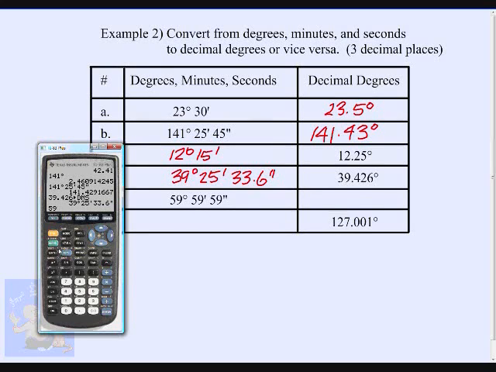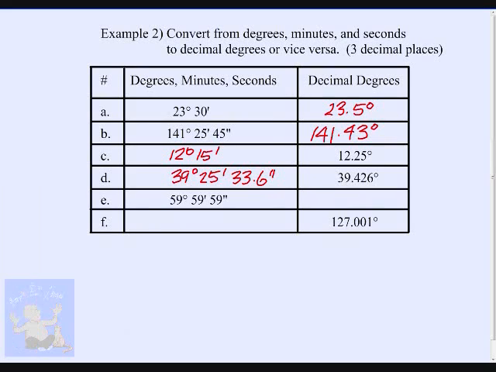Let's see. 59 degrees, 59 minutes, and 59, I'm going to use my alpha key now, seconds. I hit my enter, and it will tell me what it is in decimal degrees. Ooh, I was pretty close. 59.9997. That's good.